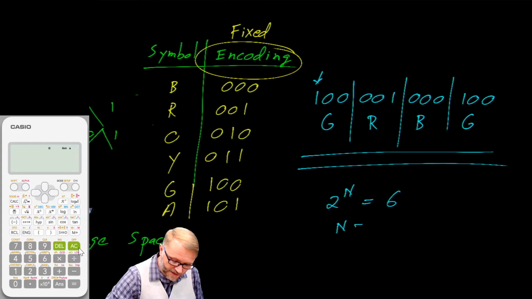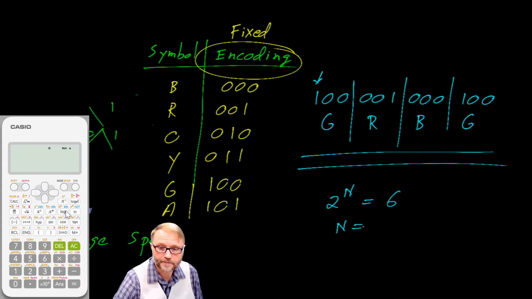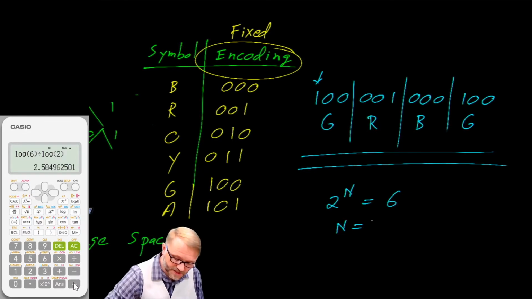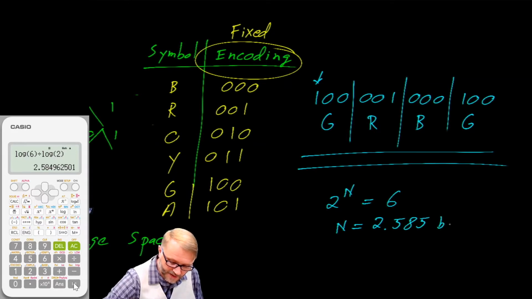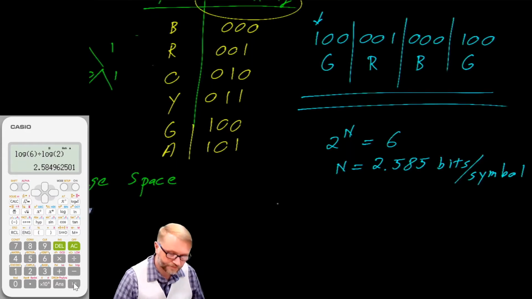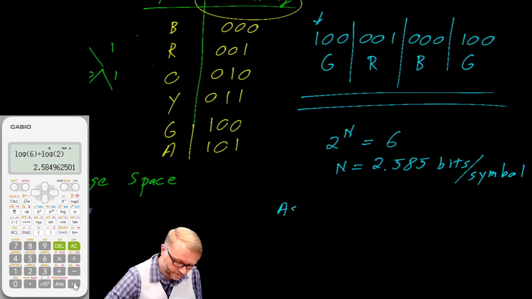Solving for n, we would say, let's see, so log 6 divided by log 2. This would suggest that on average, we'd have to ask 2.585 questions per symbol. So we'll write that as bits per symbol. And that is, of course, assuming equal probability for each symbol.